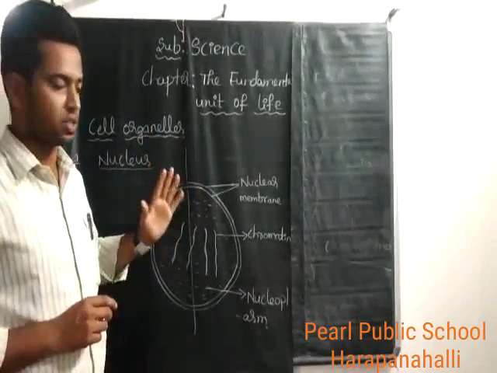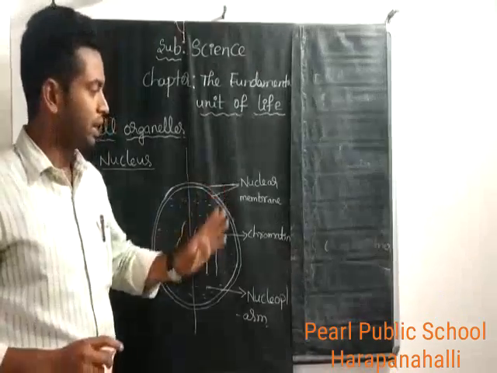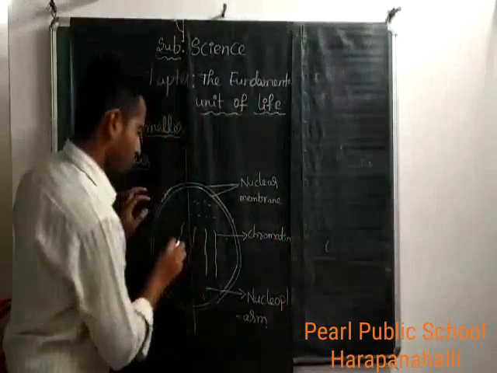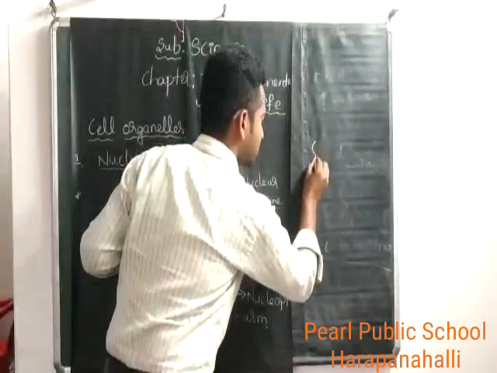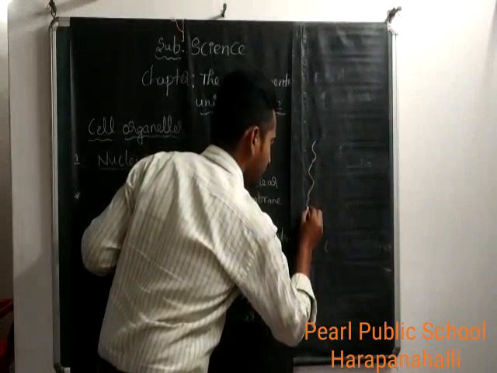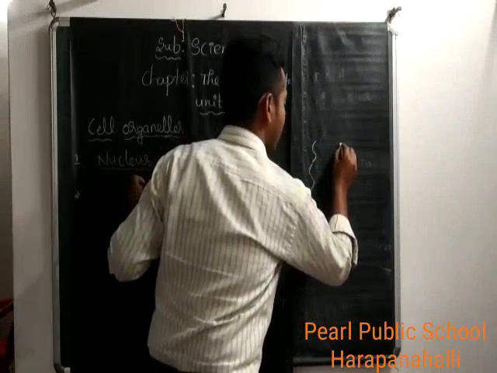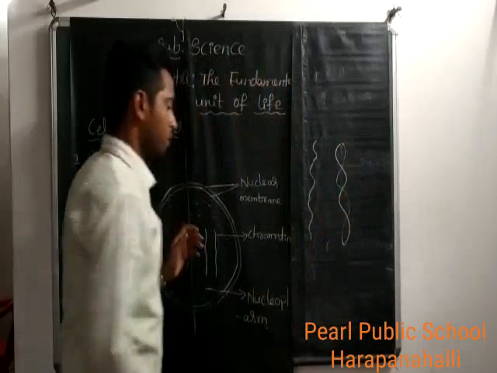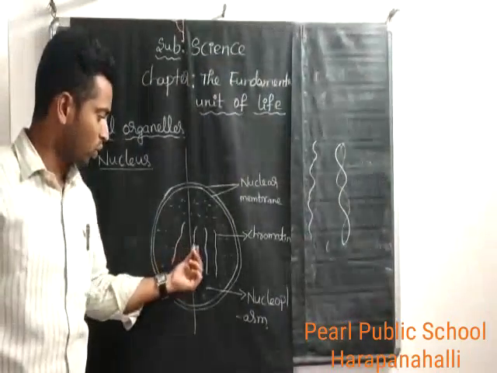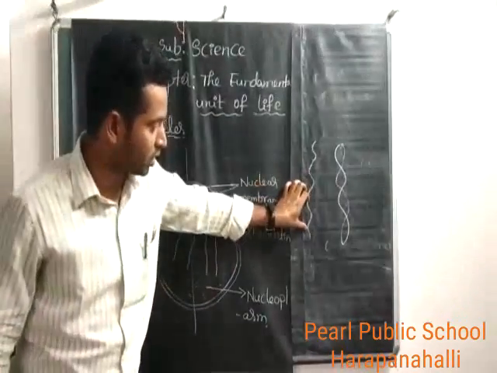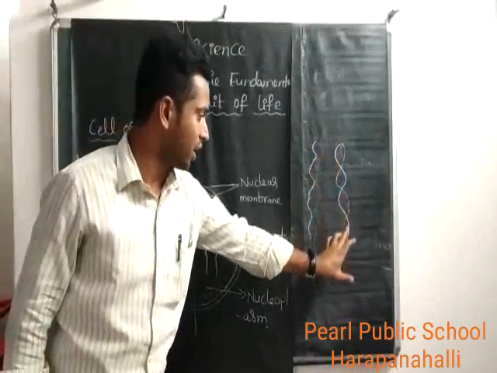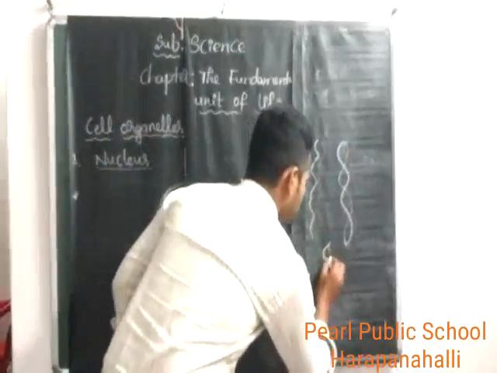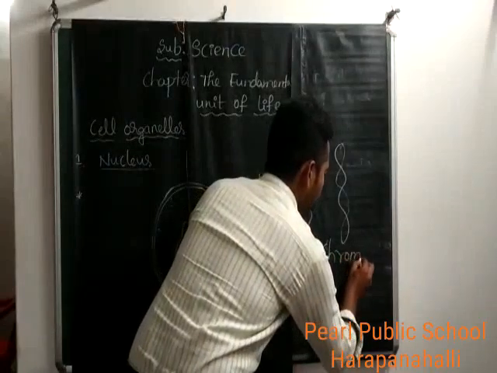So during cell division, all the chromatins join one another, and they become coiled and supercoiled. During cell division, these chromatins join one another and become a coiling and supercoiling structure. This structure is called a chromosome.